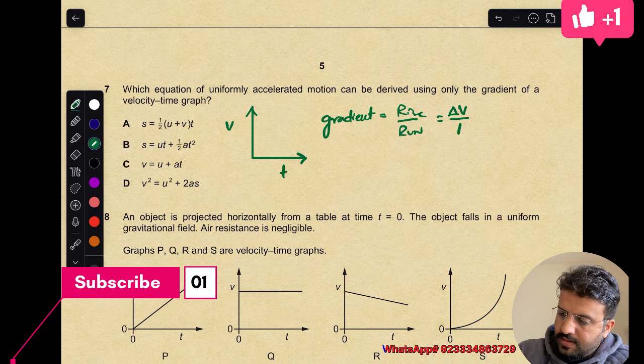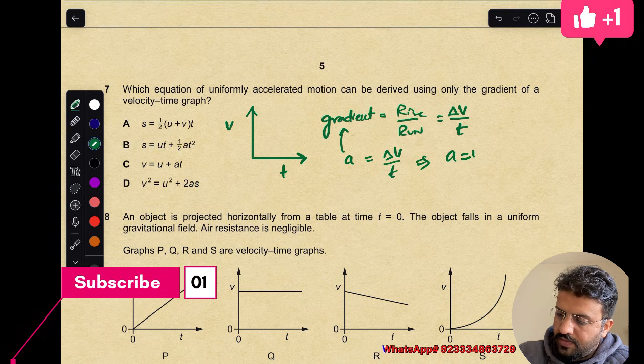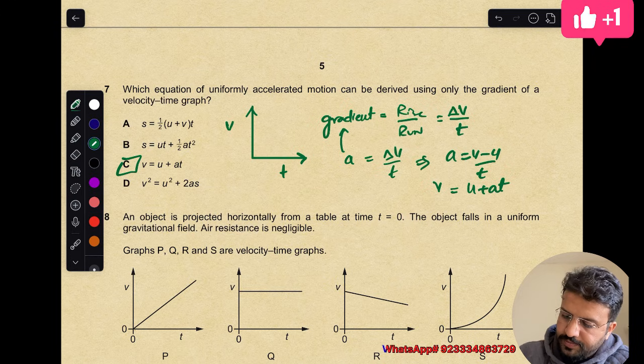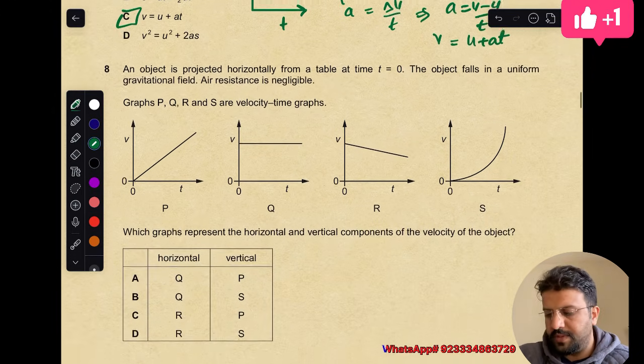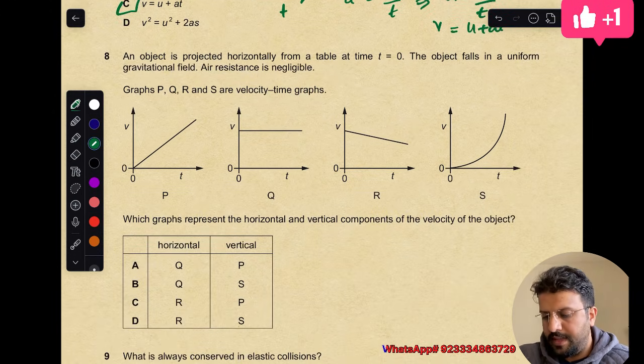Rise is change in velocity divided by the time, and this gradient is equal to acceleration, delta v over t. It can be written as a is (v minus u) divided by t, and it can be written as v is equal to u plus at. Okay, so it's option C we have.